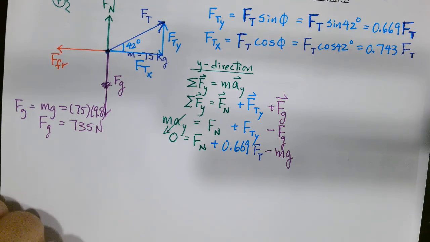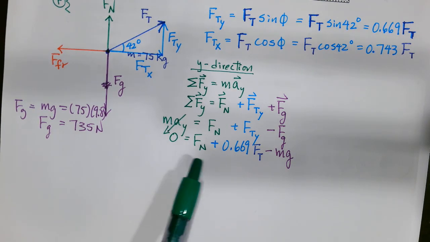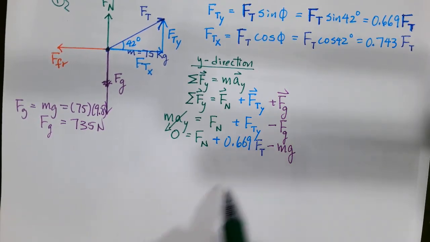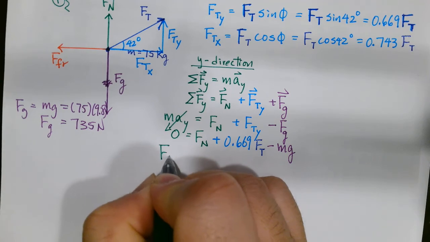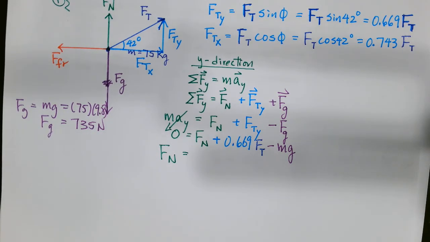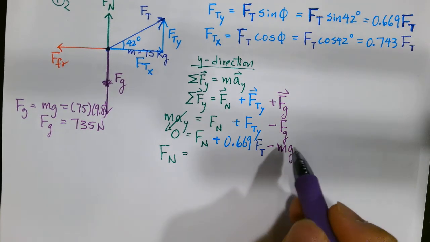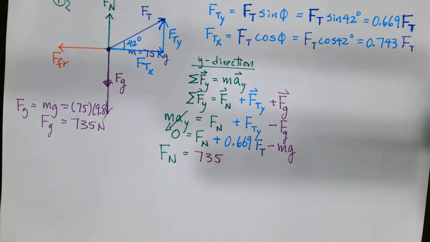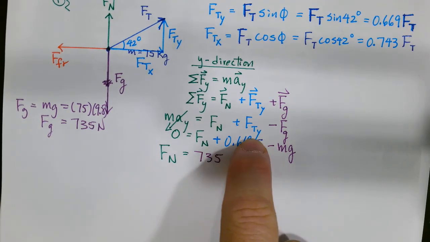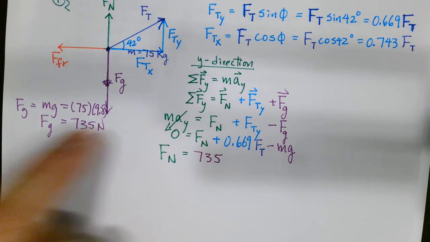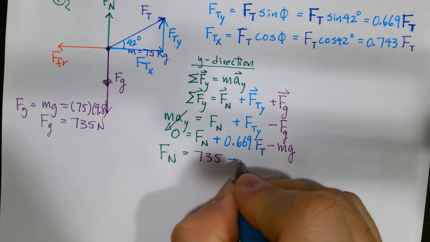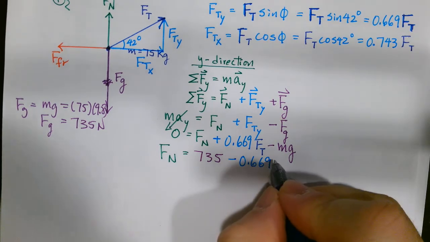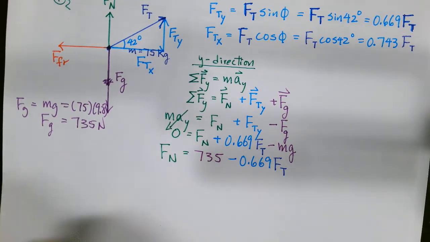So now if I solve for F normal, I'm going to bring this to the other side and it becomes positive. I'm going to bring this to the other side, that becomes negative. So F normal now is equal to mg, which is positive now because I brought it to the other side, 735, minus 0.669 F tension.